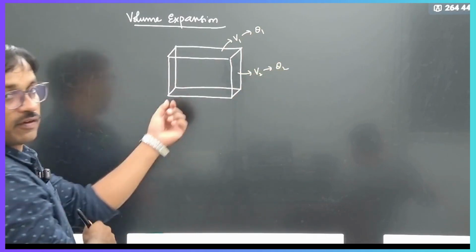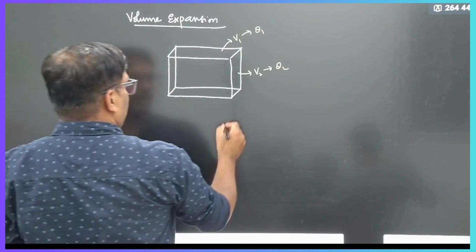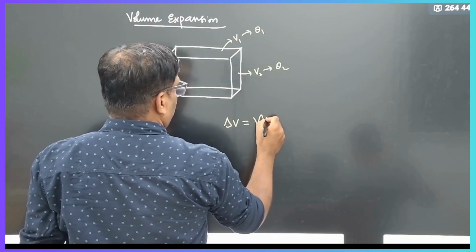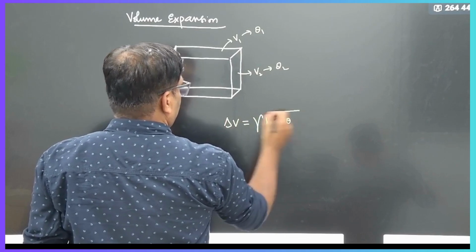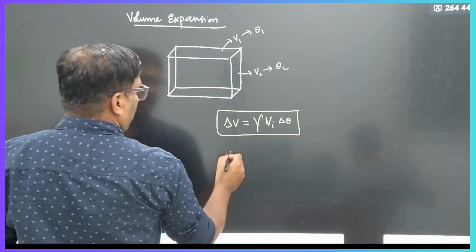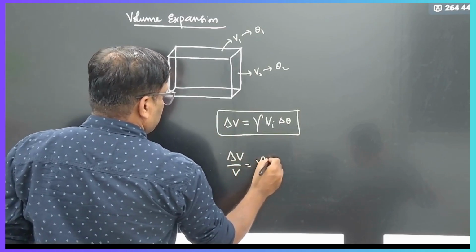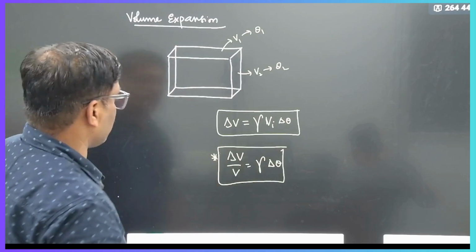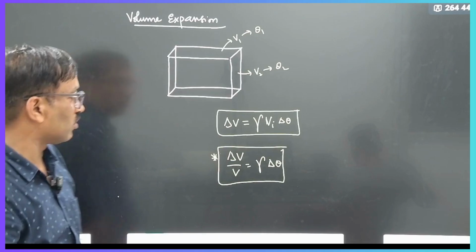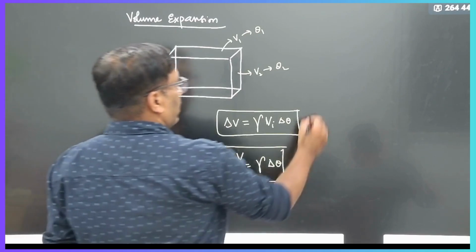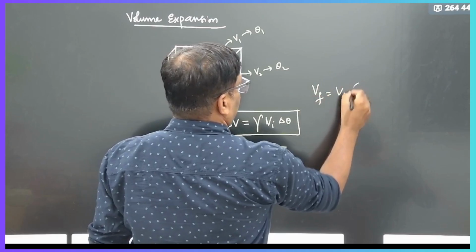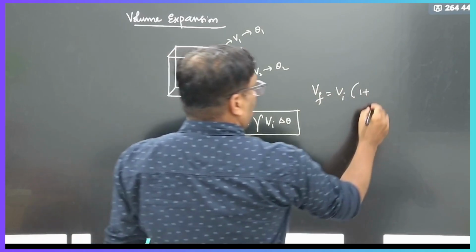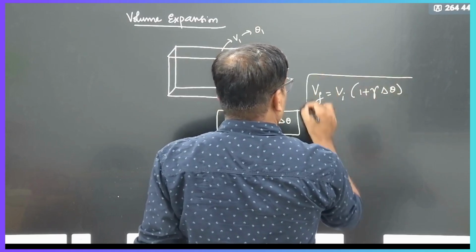So the change in volume is gamma into V initial into delta theta. The fractional change in volume, delta V by V, is equal to gamma into delta theta. This is a very important formula. Or the final volume is the initial volume into 1 plus gamma into delta theta. Clear?